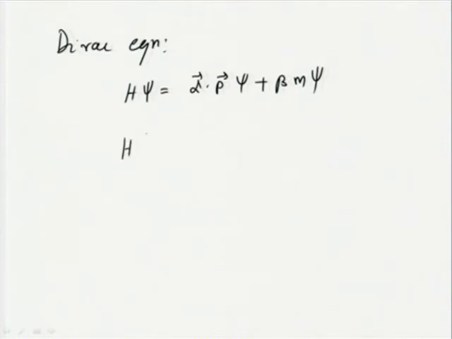So, I will have psi 1, psi 2, psi 3, psi 4, a 4 component object.